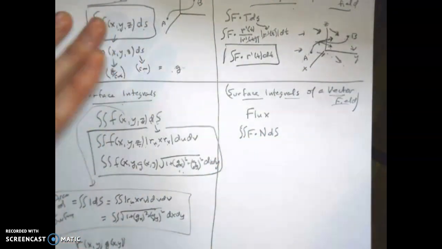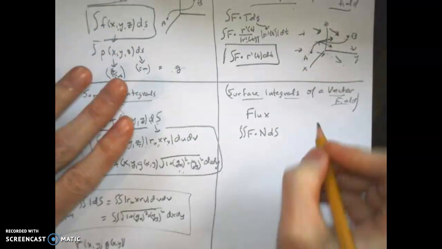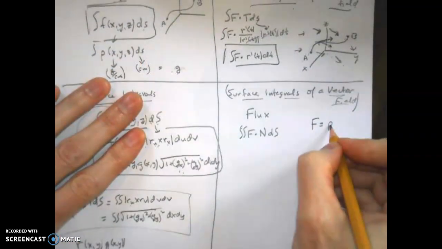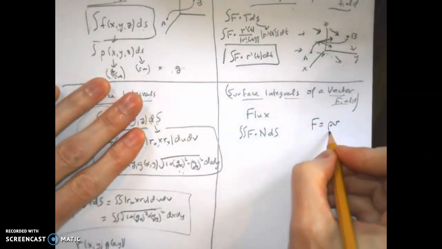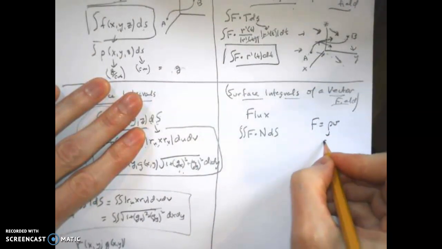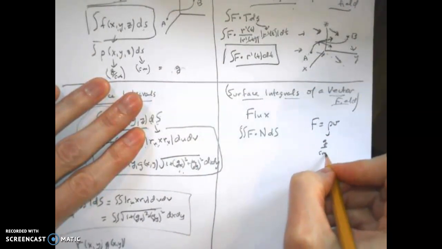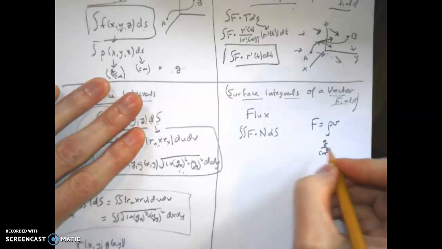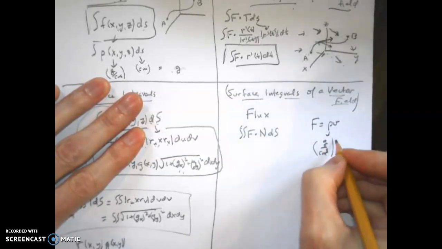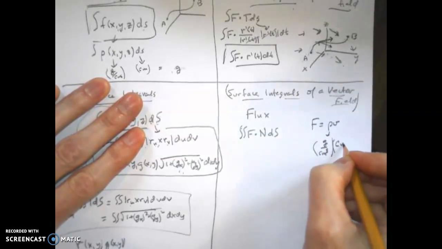Now, in the context of fluid flow, your F is really like a density times a velocity. Your density is something like grams per centimeter cubed, because it's a cubic density, and your velocity is something like centimeters per second.